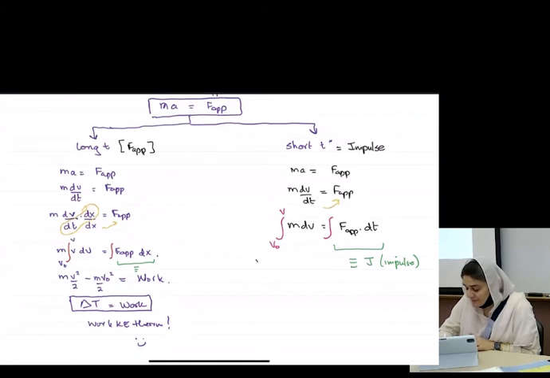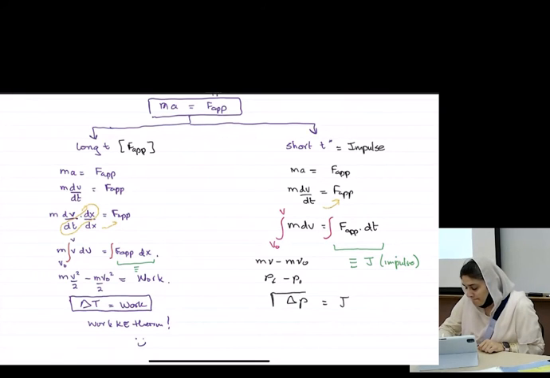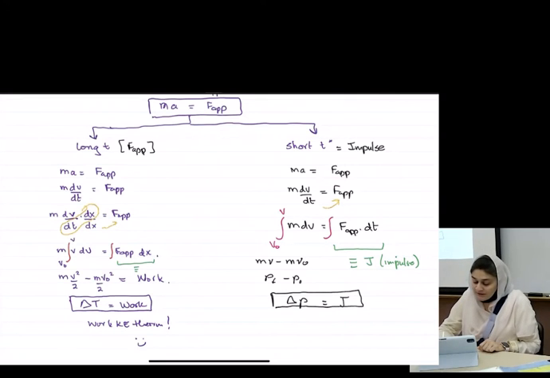On our left-hand side, what do we get? What's that the formula of? MV? Good. So this is P final minus P initial, which is called the impulse-momentum theorem.